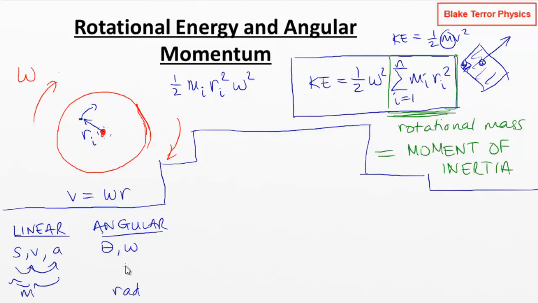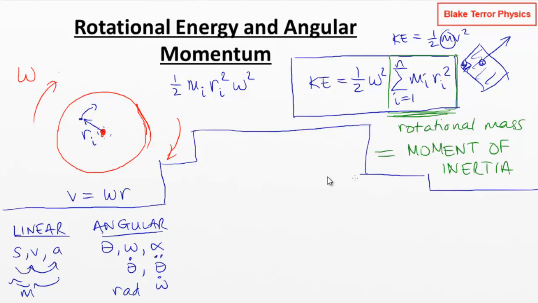That's our angular velocity, our theta dot, the differential of theta with respect to time. And then we've got our angular acceleration, our theta double dot, or our omega dot. So we've got exactly the same things going on for linear velocities and angular velocities.